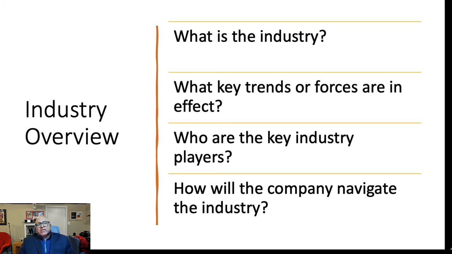What's the industry? And what key trends or forces are in effect in this industry? And who are the key industry players? How will the company navigate the industry? That's the kind of stuff you have in the industry overview.